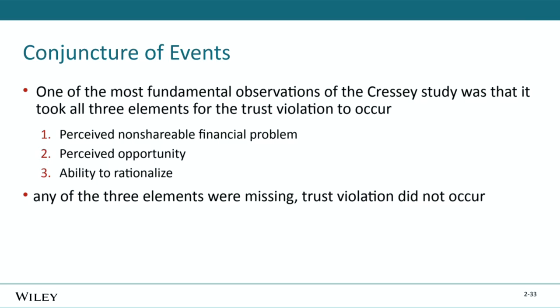The perceived non-shareable financial problem, the perceived opportunity, the ability to rationalize. If any of the elements were missing, the fraud, the trust violation did not occur, which is actually good for fraud examiners, especially number two.